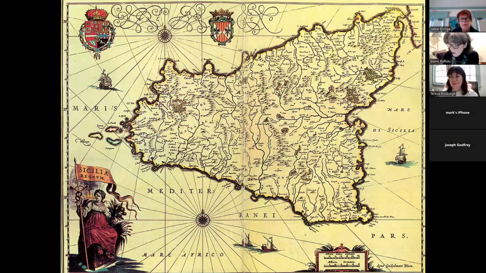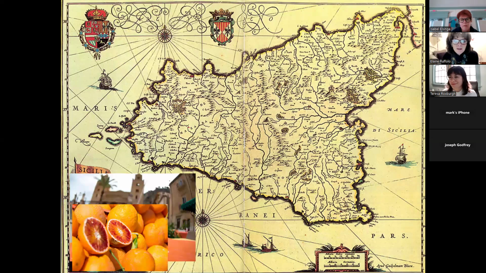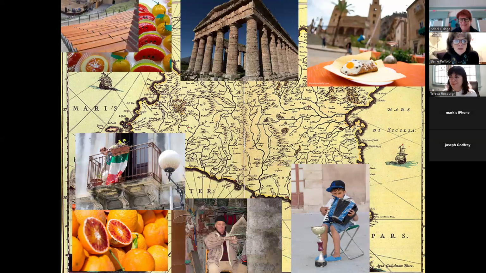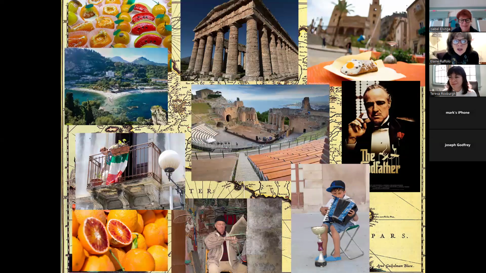And it is known for many things: incredible food, Greek architecture, Byzantine mosaics, gorgeous beaches, colorful people, pleasant weather, and I guess ingloriously, the homeland of the mafia. And of course, we all know about that because maybe we've watched the Godfather series one too many times.